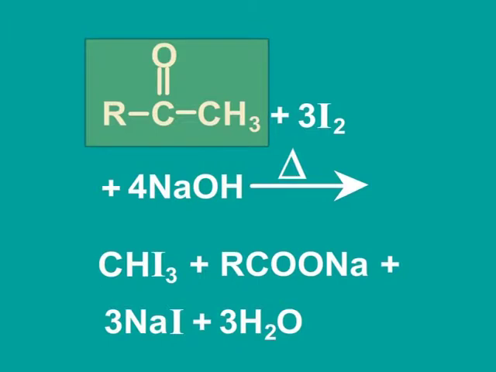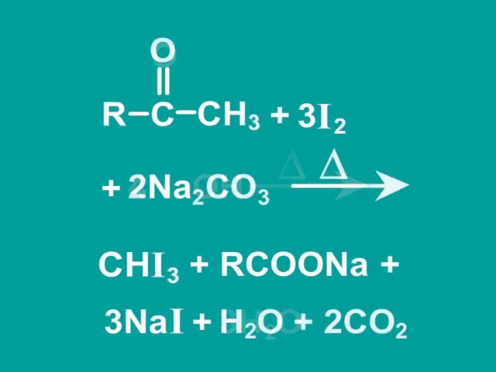Methyl ketone reacts with iodine and sodium hydroxide. When the mixture is heated, iodoform is formed along with sodium carboxylate, sodium iodide and water. Methyl ketone reacts with iodine and sodium carbonate. When the mixture is heated, iodoform is formed along with sodium carboxylate, sodium iodide, water and carbon dioxide.